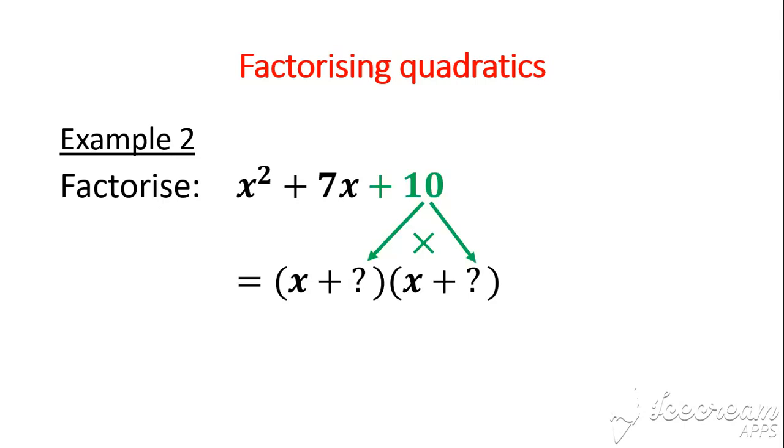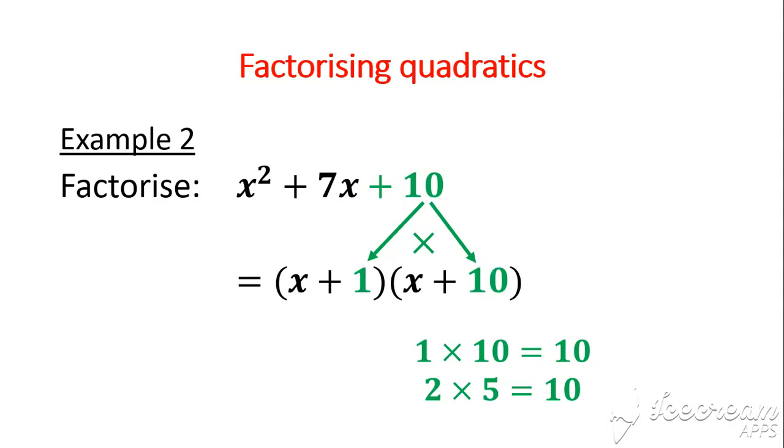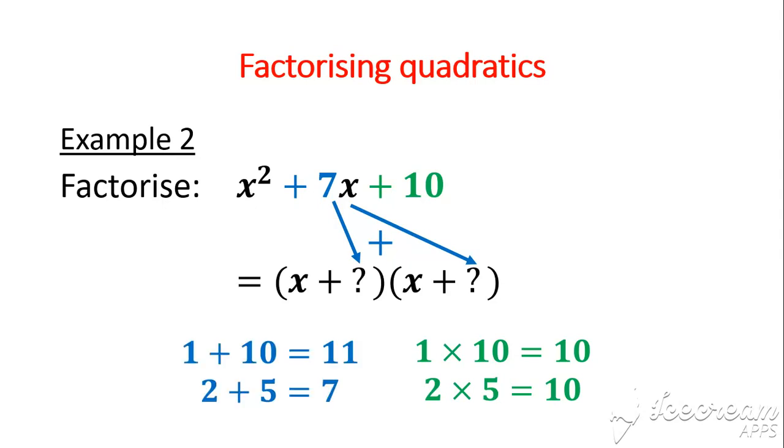Now, what we're going to do is say, well, the 2 numbers here have to multiply to get 10. It could be 1 times 10, or it could be 2 times 5. The 2 numbers here also have to add to get 7. Once again, it could be 1 and 10 or 2 and 5.